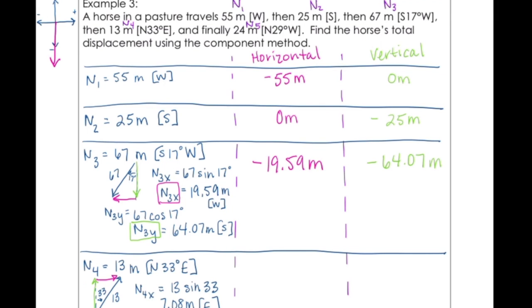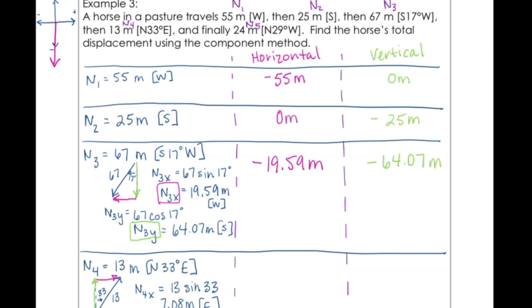Okay, and then N4y is going to equal 13 times cosine of our angle, and we're going to get that it is 10.9 meters north.